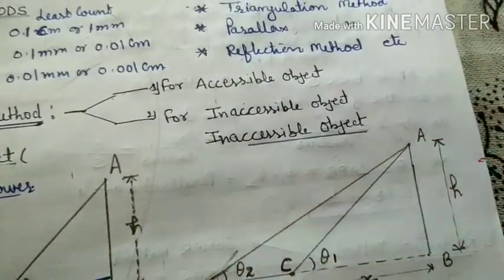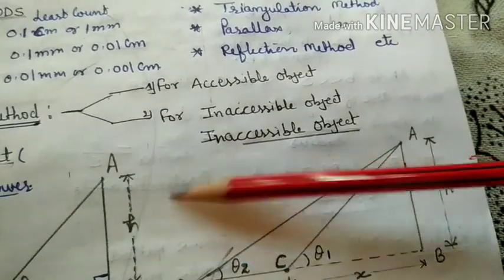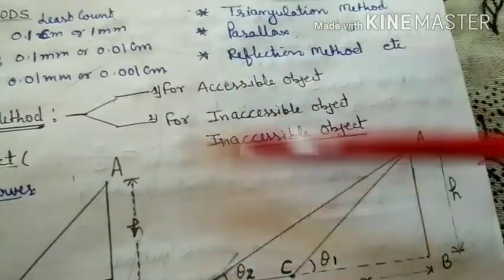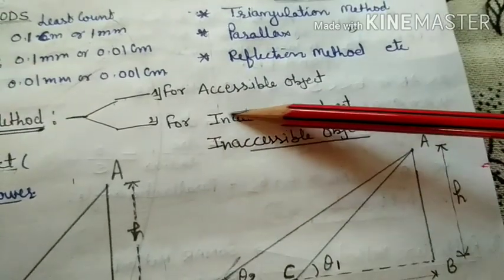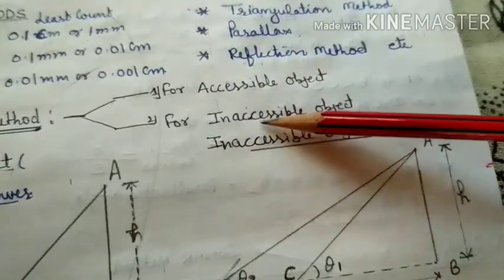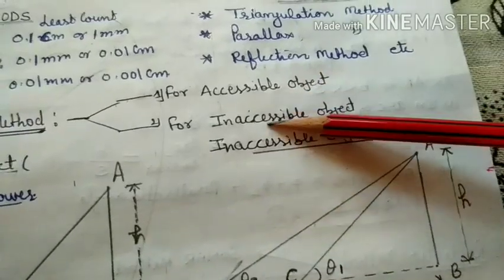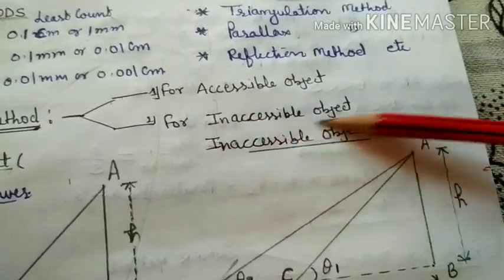You are standing on one side of the river and the mountain is on the other side. You are not supposed to touch the base of that mountain directly. So that is inaccessible. A mountain is one example; a tower or a building can also be inaccessible.